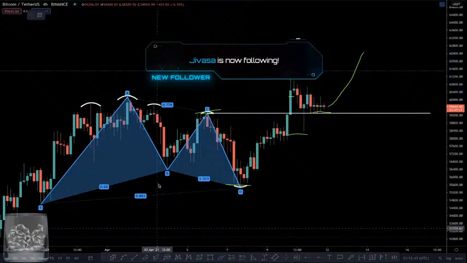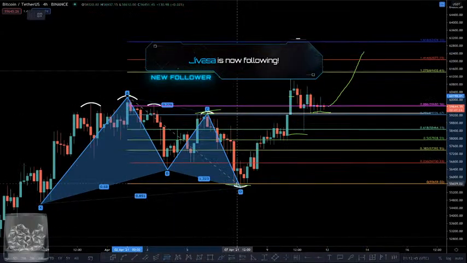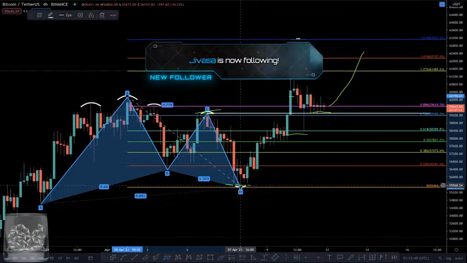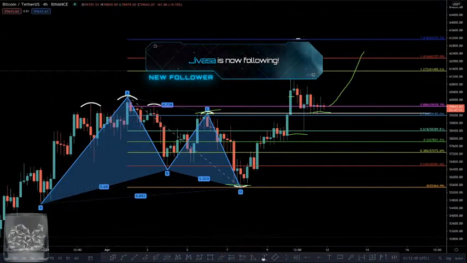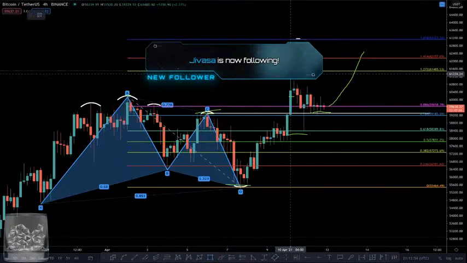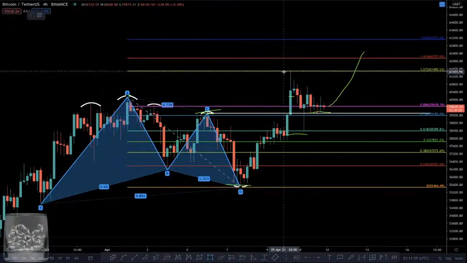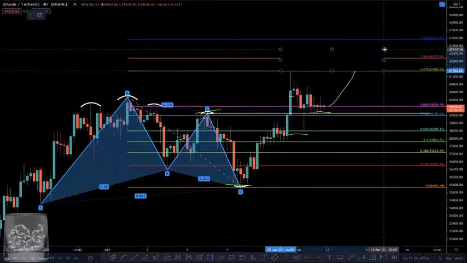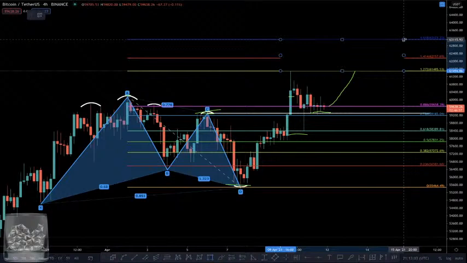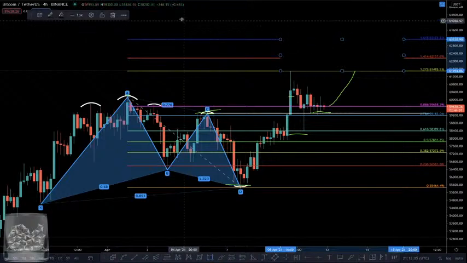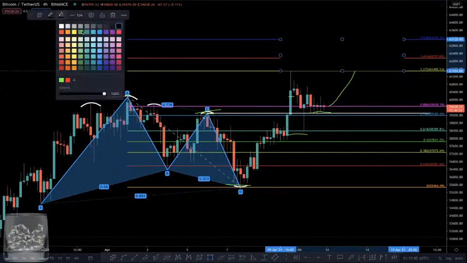So what we're looking for next is to layer out at this point up in this zone between the 1272 and the 1618 golden mean ratio. And look, we barely almost touched that 1272, and we touched it just a little bit, and we're heading to this 1618 golden mean ratio area.